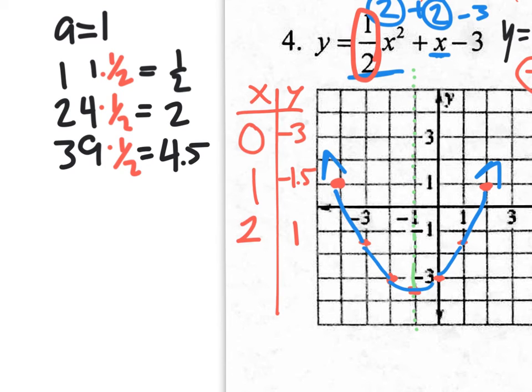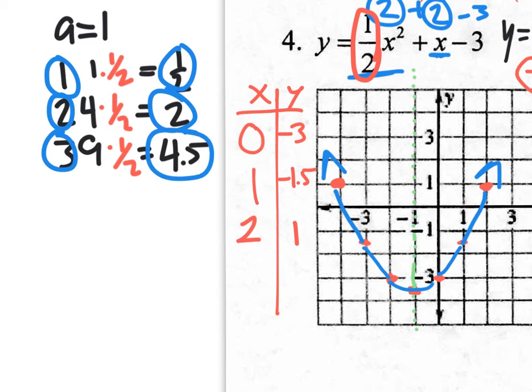Okay, so let me prove to you that this pattern still works. The pattern of 1, 1/2 instead of 1, 1. 2, 2 instead of 2, 4. 3, 4.5 instead of 3, 9. So if we went to our vertex and we went 1 over and then halfway up, we'd get to that dot that we had on our graph.